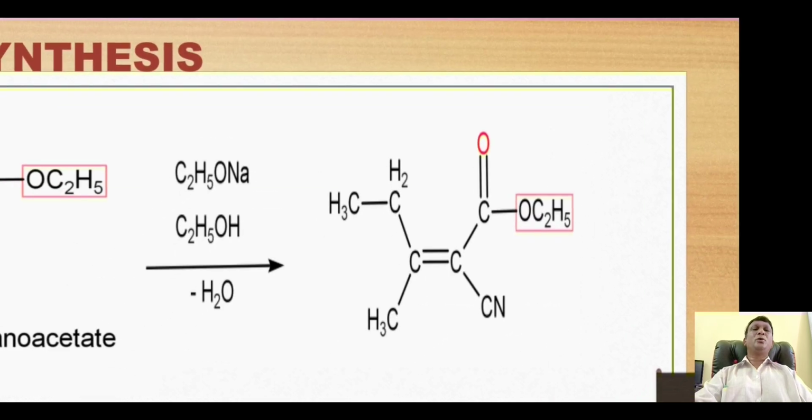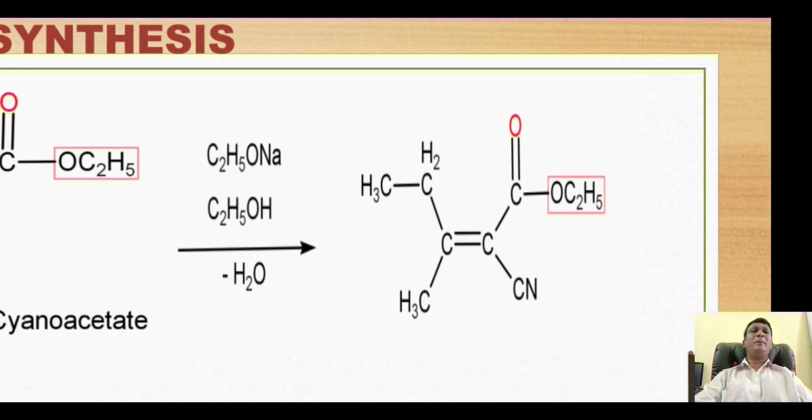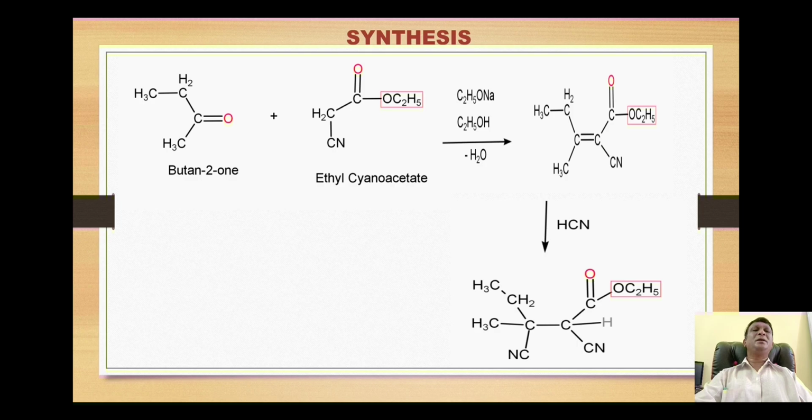Dear students, you can easily find over here the presence of this carbonyl group and the alpha beta unsaturated portion over here. This alpha beta unsaturated compound then is reacted with hydrogen cyanide.